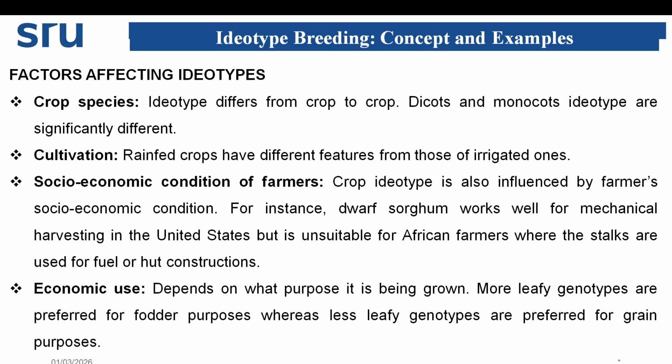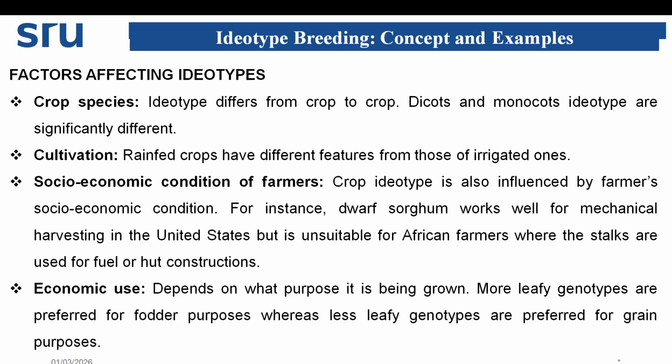Right. So the next point is economic use. It depends on what purpose the crop is being grown for. Suppose you develop one wheat idiotype, but before development you need to consider the economic purpose, like what purpose farmers will grow it for.